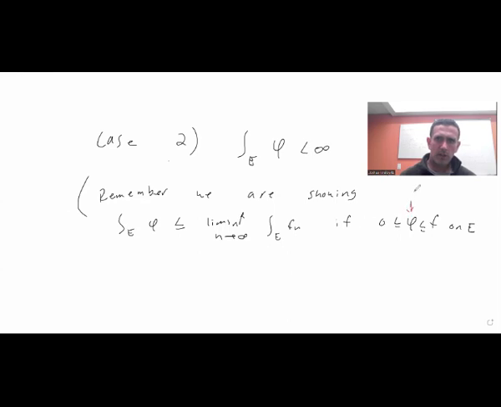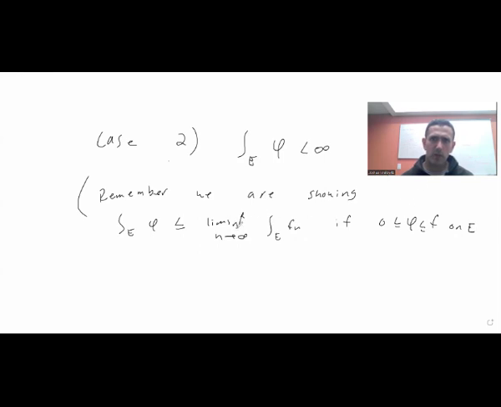And this is a simple function. So we did the case, the integral of var phi is infinite. Sorry, brain fart there. Yeah, so we did the case where the integral is infinite.